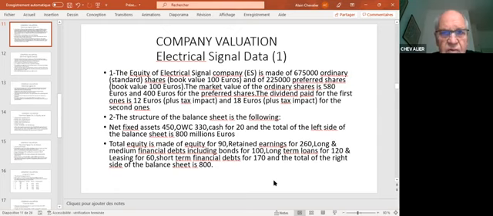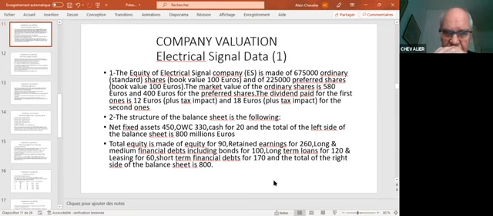The market value of the ordinary shares is 550 euros and 400 euros for the preferred shares. So you understand that there is a difference in the market value. The market value to book value of shares is not the same for both categories of shares. And the dividend paid for the first one is 12 euros and 18 euros for the second one.